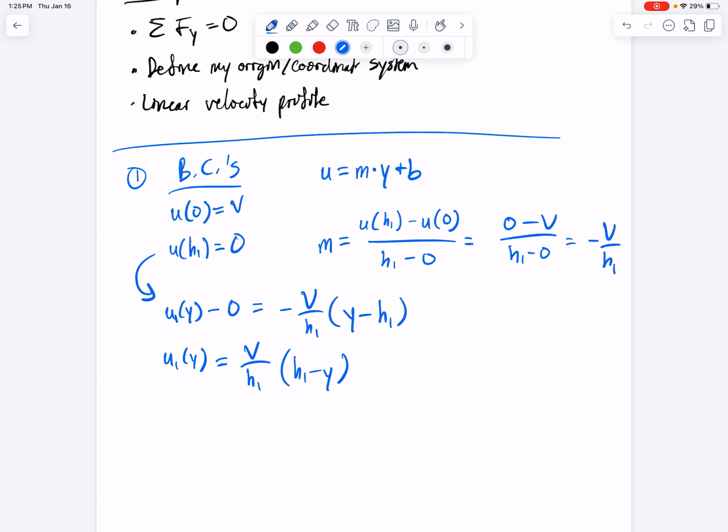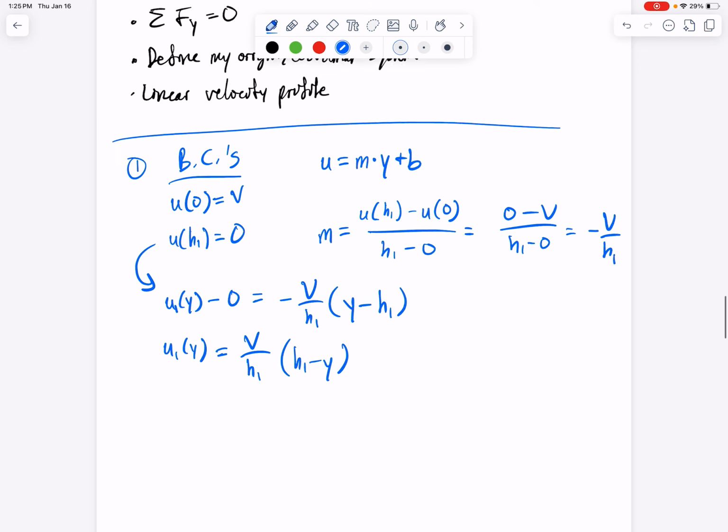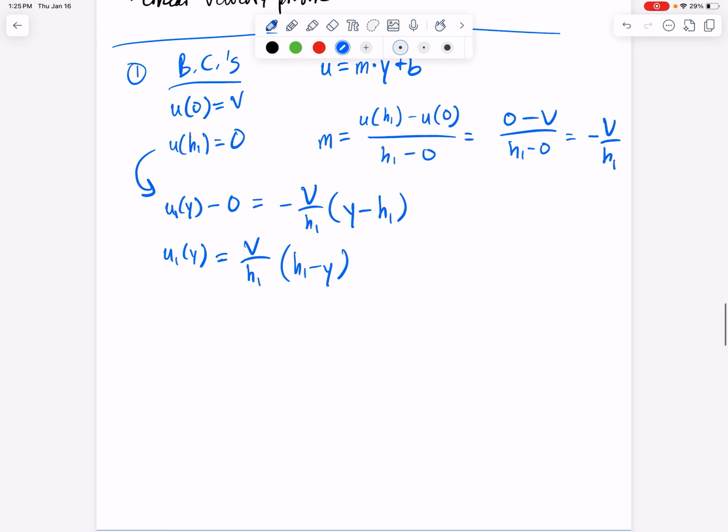Okay. In class, we talked about Newtonian fluids, and for Newtonian fluids, we know that the shear stress on the top surface of our plate is equal to mu, the viscosity of the fluid we're in, multiplied by the velocity profile derived with respect to y at that plate.